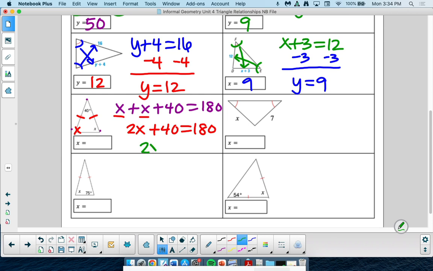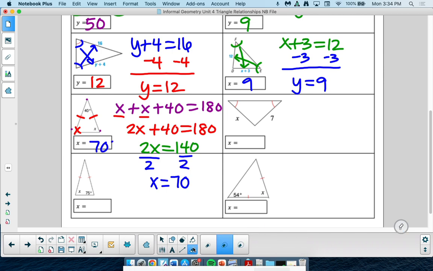Minus 40 over. I should get 140. My last step should be divide by 2. So x equals 70. That was kind of a tough one. Really, it really was, you guys. That was tough. Yep, 70.